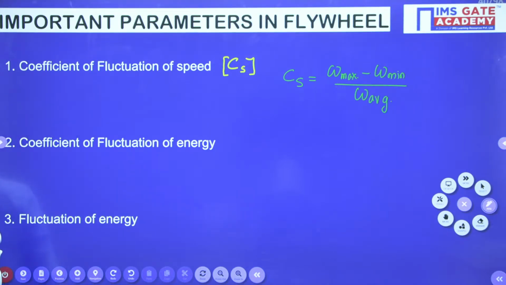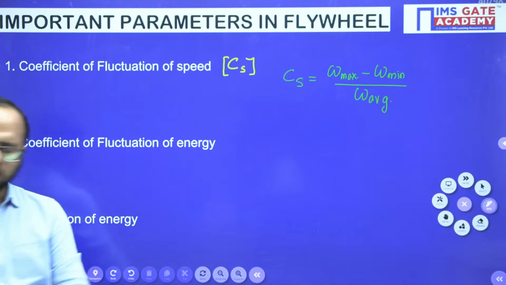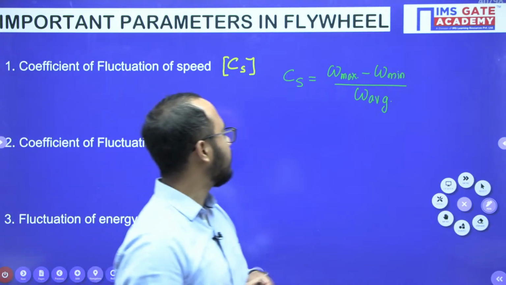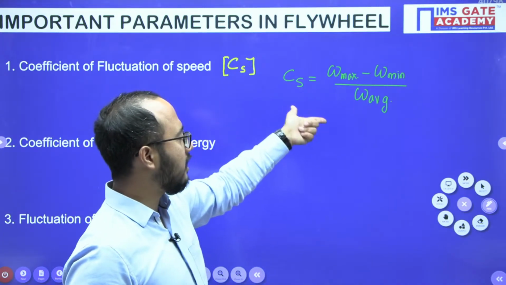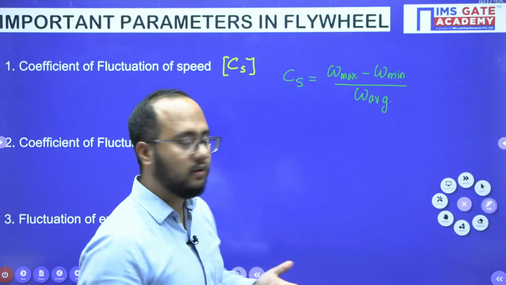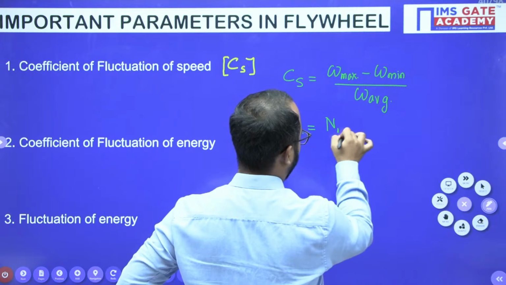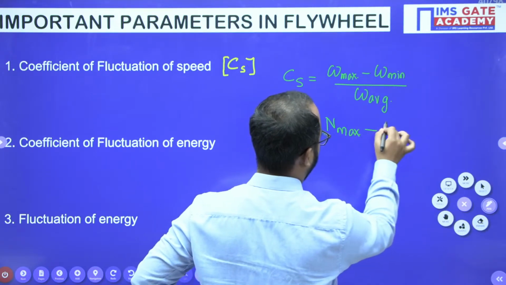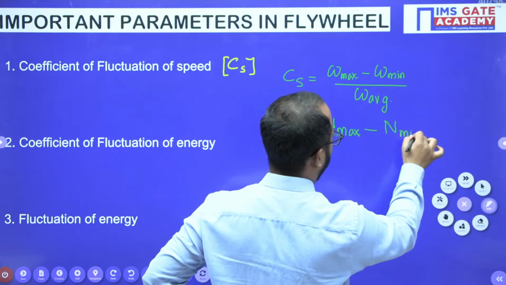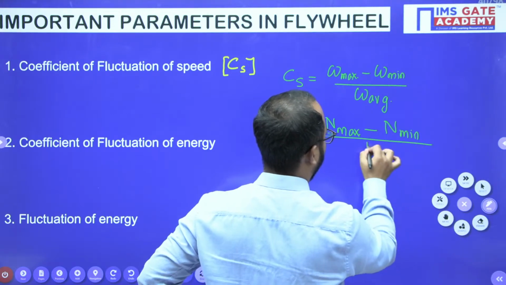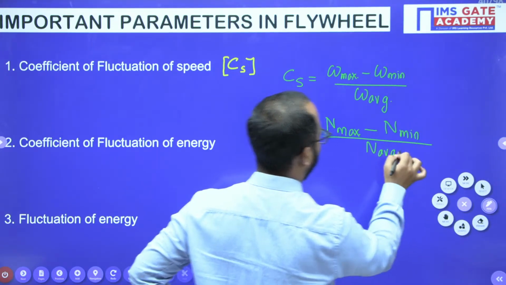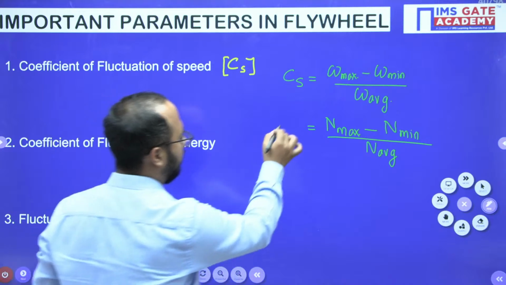In terms of ω you can write, in terms of RPM you can also write, right? So it will be like this, N max minus N min divided by N average. Okay, this is the formula for the CS.